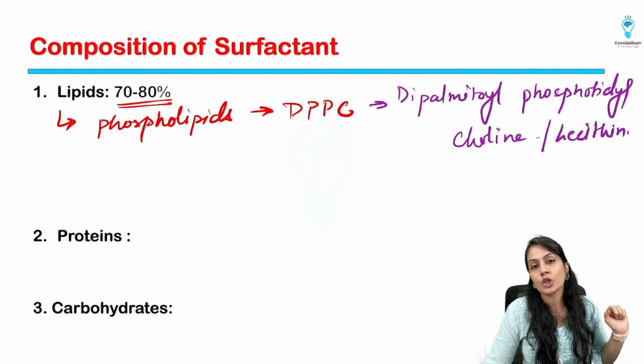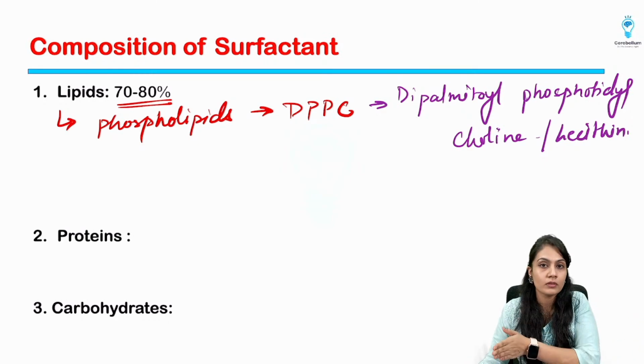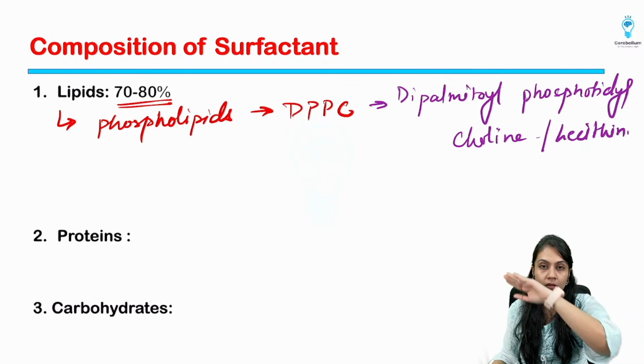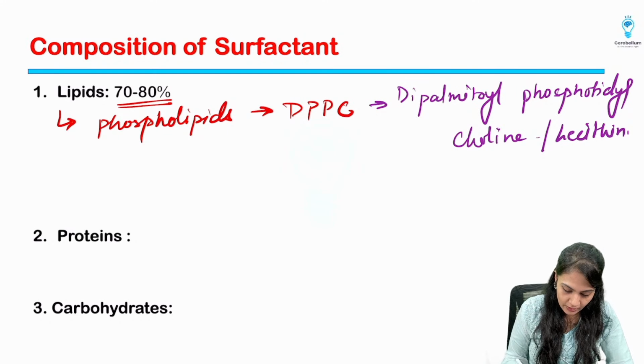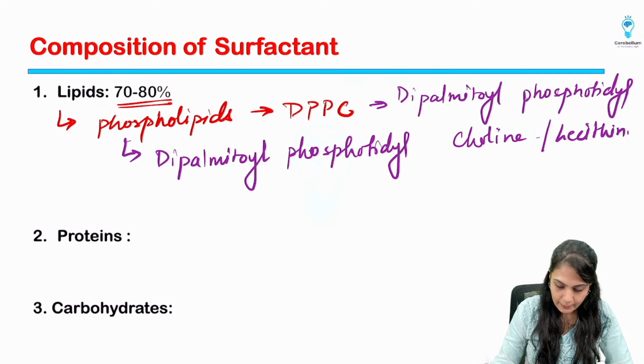In the NEET exam 2023 itself, they have asked which of the following is the main surfactant. In the first option they have given the phospholipid, that is dipalmitoyl phosphatidyl glycerol. Dipalmitoyl phosphatidyl choline, instead of choline they have given ethanolamine.